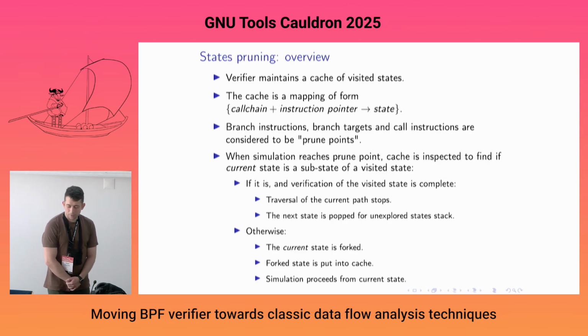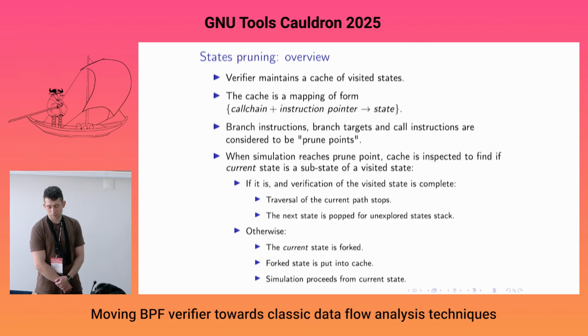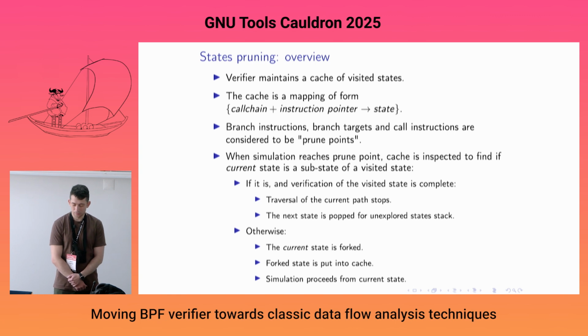At certain points, which we call prune points, and these currently are call instructions, some jump instructions, and jump targets, we look up this hash table in search of a state which can be considered a super state of the current state.